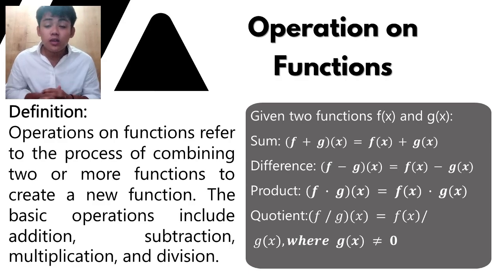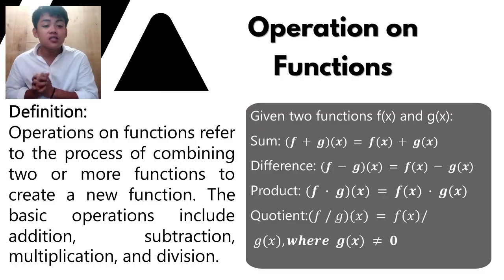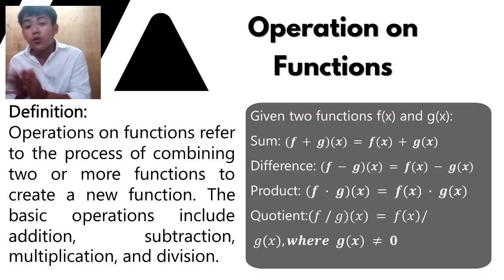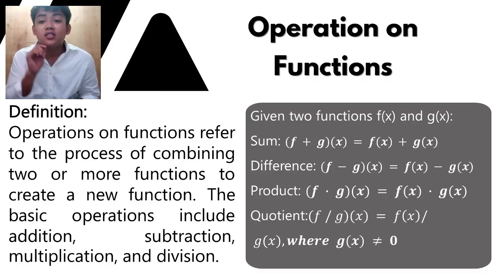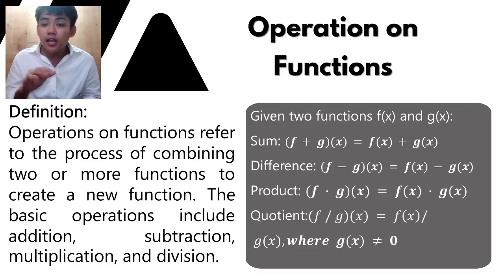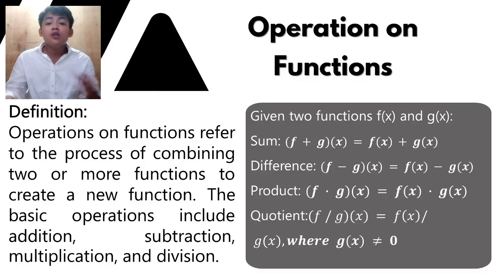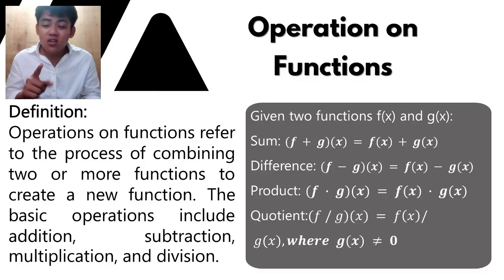While for the quotient, we have f over g of x is equal to f of x over g of x, wherein there is a condition that g of x, the denominator of the quotient, should not be equal to 0. So any real number is possible as long as when evaluated it is not equal to 0.